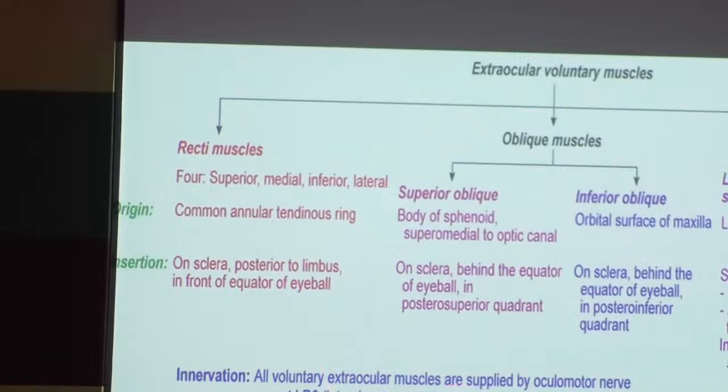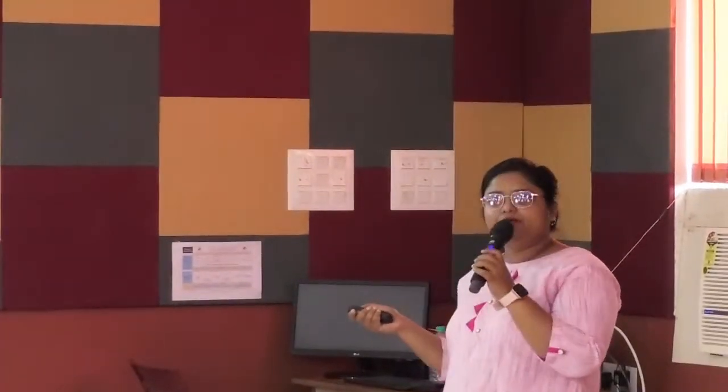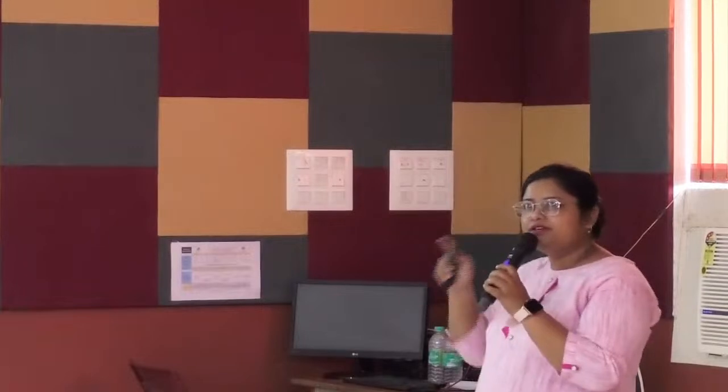Lateral rectus is supplied by the abducens nerve, and SO4, superior oblique, is supplied by the trochlear nerve. Okay, so you remember LR6, SO4, rest 3. The rest of the muscles are supplied by the third cranial nerve or oculomotor. Okay, understood the nerve supply.